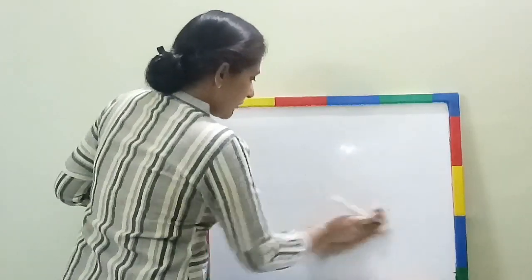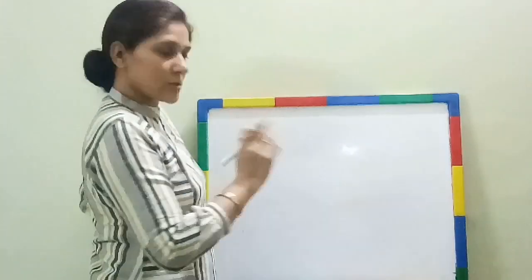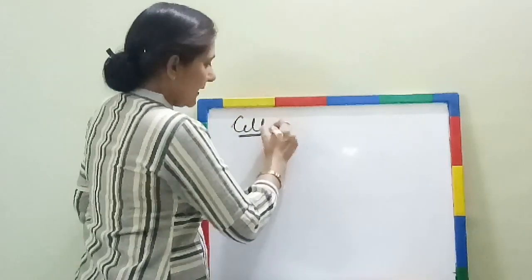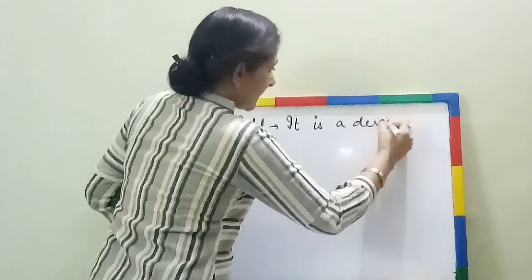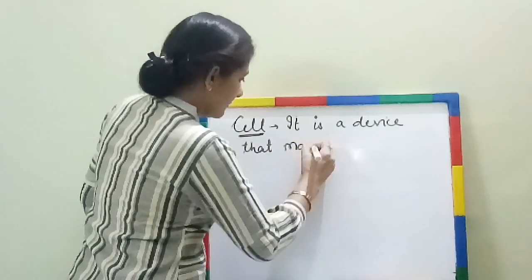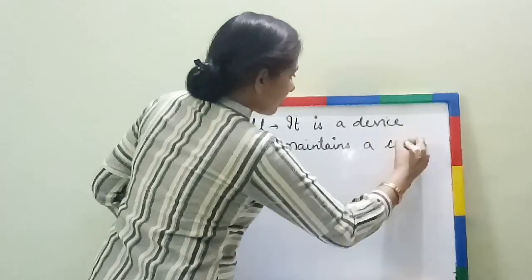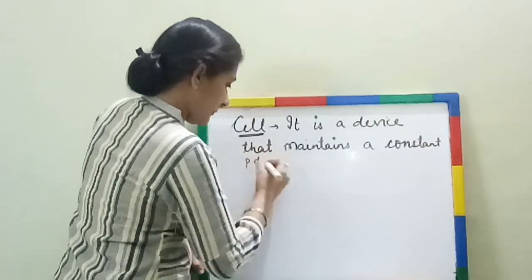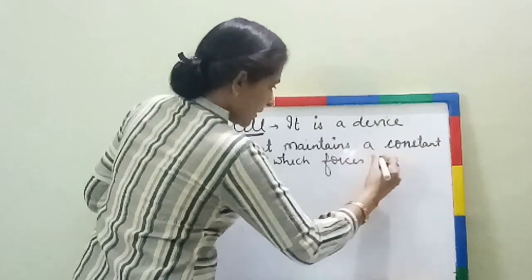To study this EMF, I am going to define cell in a different manner with all the characteristics of this particular cell. So how can we write cell now? Cell is a device that maintains a constant potential difference which forces charge.